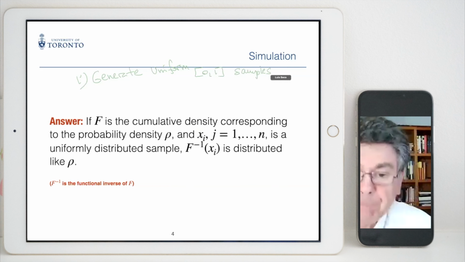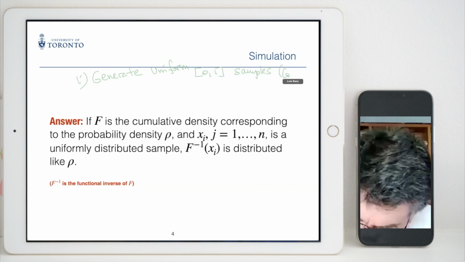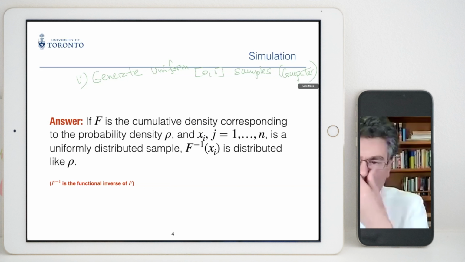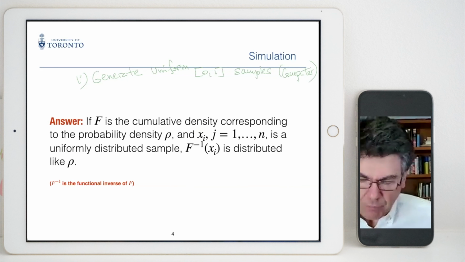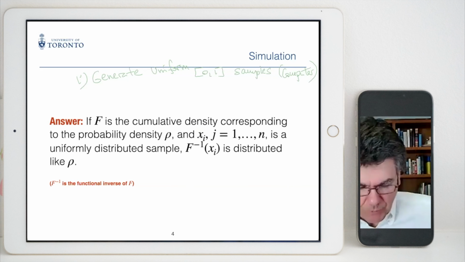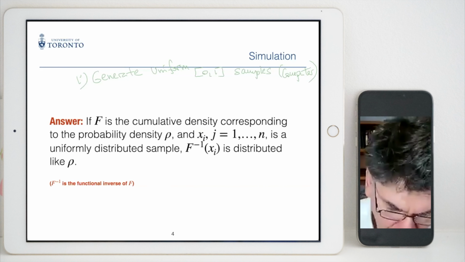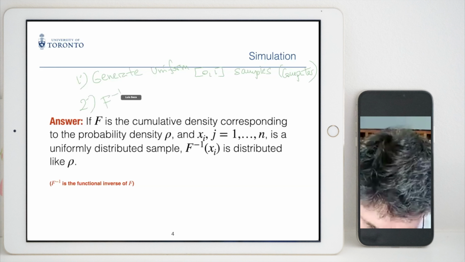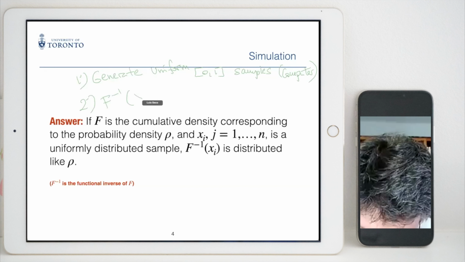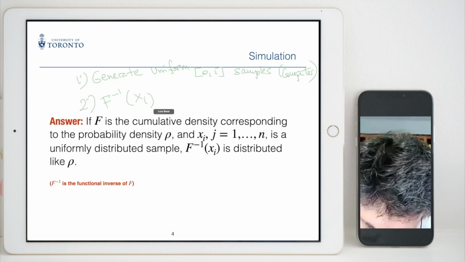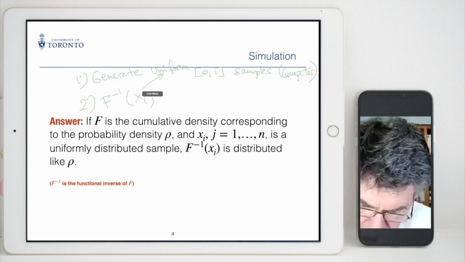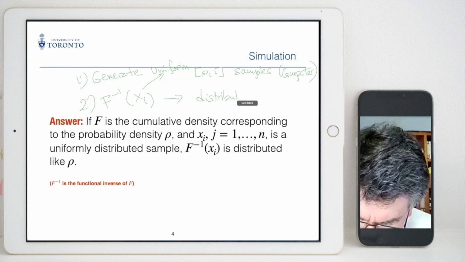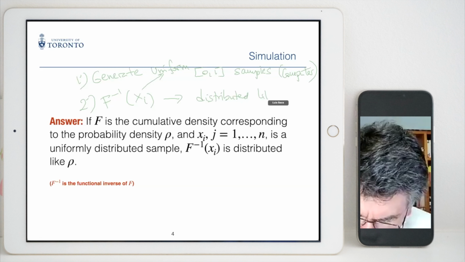And the computer can do this. Computers have functions that will generate uniform 0, 1 samples for you. That's the first thing. The second thing is you take the functional inverse of the cumulative distribution function applied to the generated uniform samples, and then they are distributed like rho.